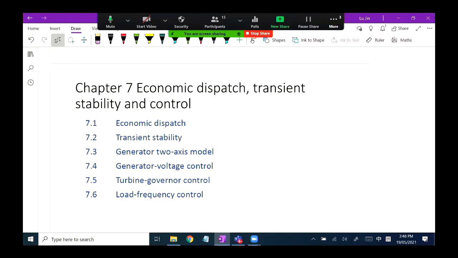The first model is the ideal model. That means we just need to find the optimized result without any constraints, so the generators in the system are able to produce as much power as needed, with no limitation at all. Based on this, we evaluate the optimal running cost, and lambda is used, right?